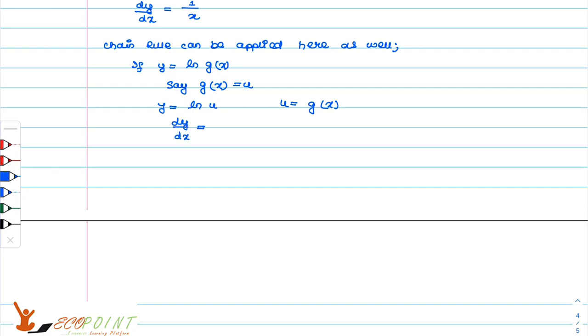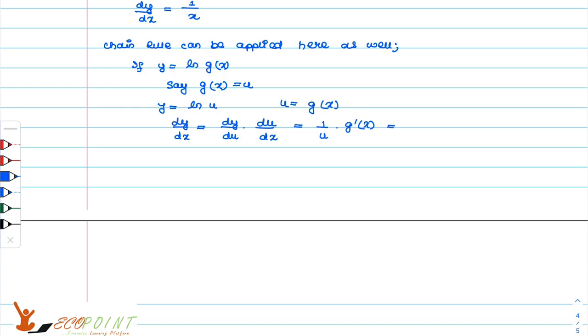So dy by dx is dy by du into du by dx. dy by du is 1 upon u, into du by dx is g dash x.